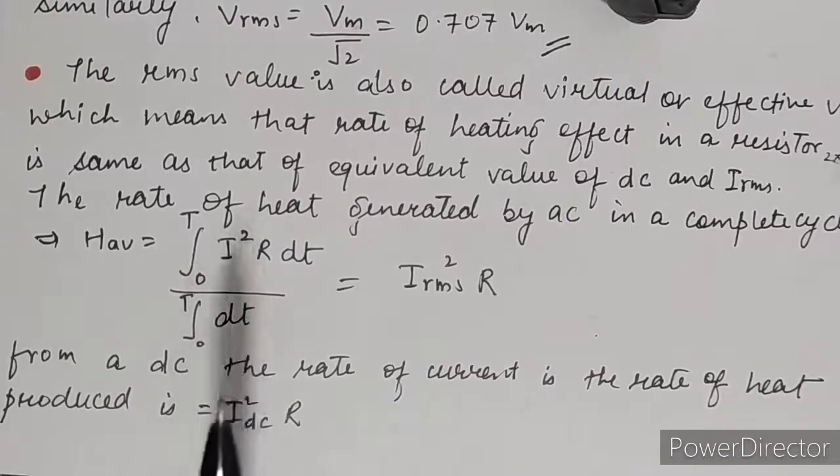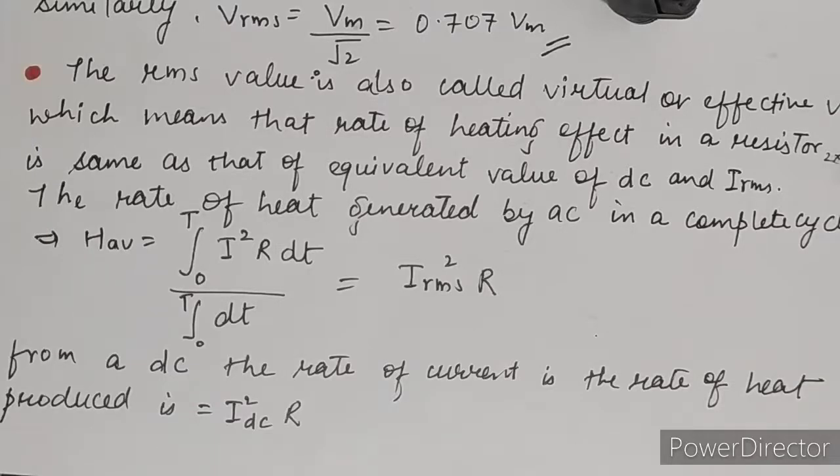So to measure AC, we use hot wire meters, which are based on the heating effect, and the heat produced depends on VRMS square and IRMS square, and hence the scale of the meter is not linearly marked.